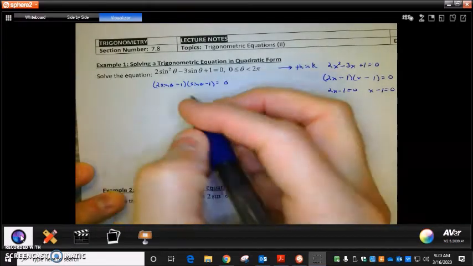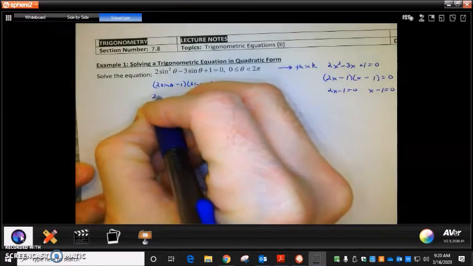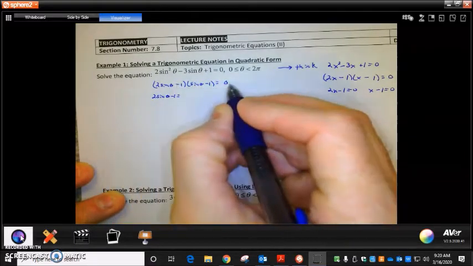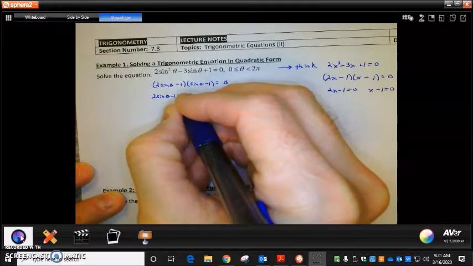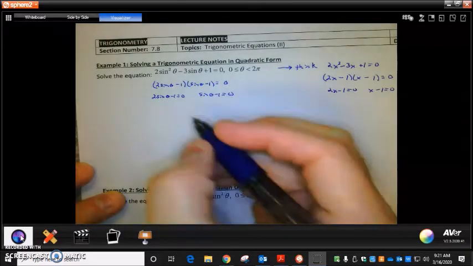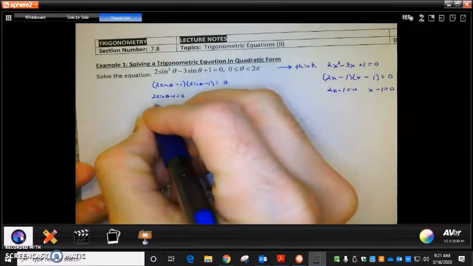And then we're going to take these two factors and we're going to set them equal to 0 because, again, if two things are multiplying to equal 0, one of them has to be a 0. So either this is 0 or this is 0. And what we have are two little mini equations that we're going to solve just like we did the ones last week.